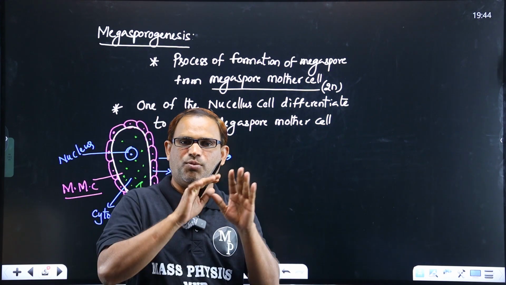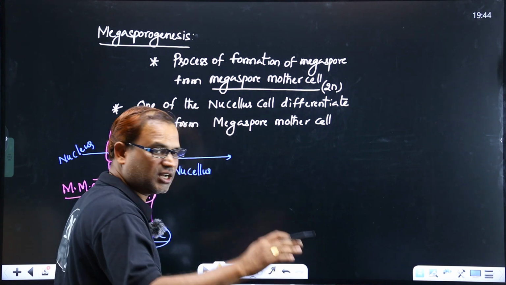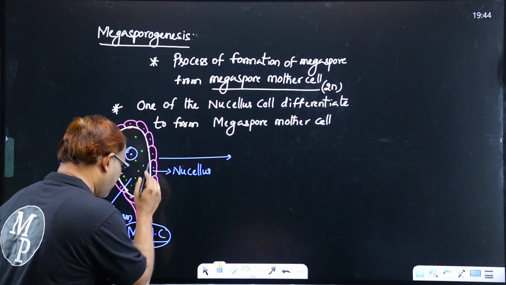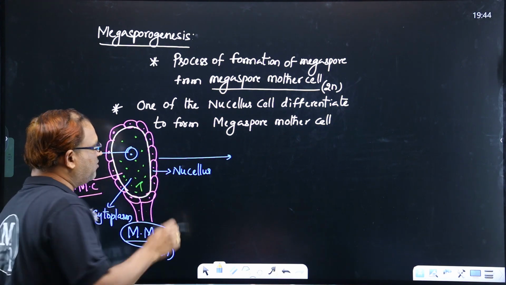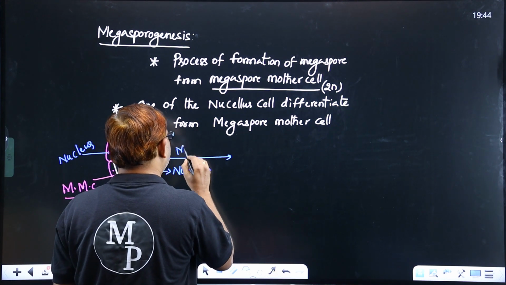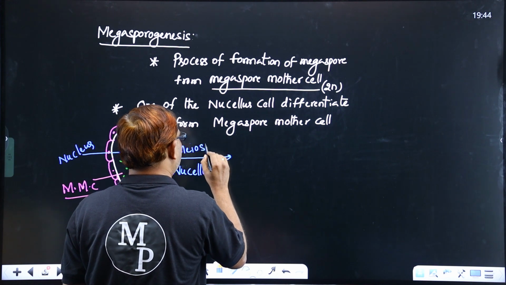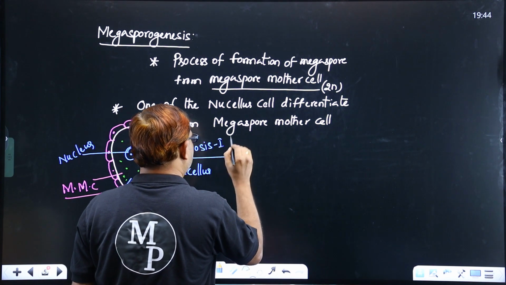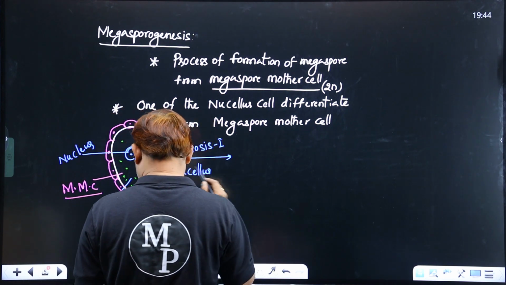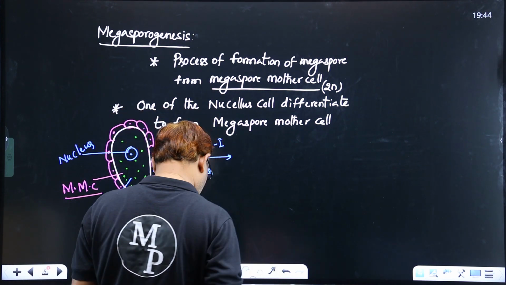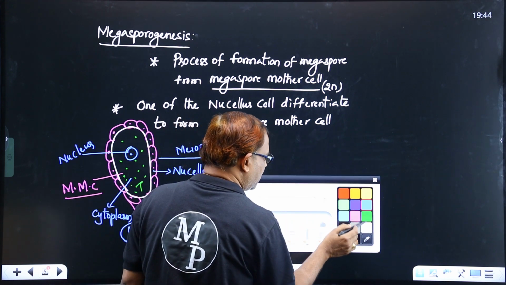The MMC has 2n ploidy and undergoes meiosis 1 to form a dyad of cells.